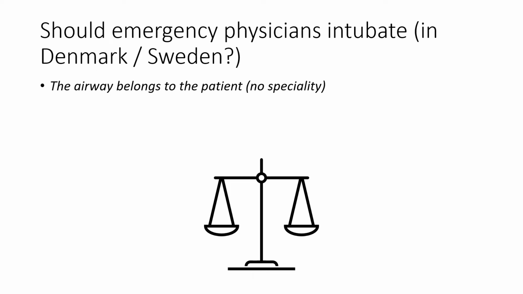But many times those specialties are not there when you really need it. In Denmark and Sweden, we have been really fortunate that anesthesiologists are almost always there when you need them.